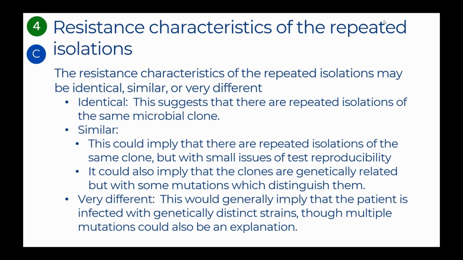It can also imply that the clones are genetically related, but with some mutations which distinguish them. Very different results: this would generally imply that the patient is infected with genetically unrelated strains, though multiple mutations from a single strain or plasmid acquisition is also a possible explanation.